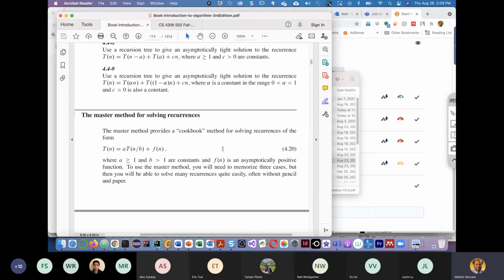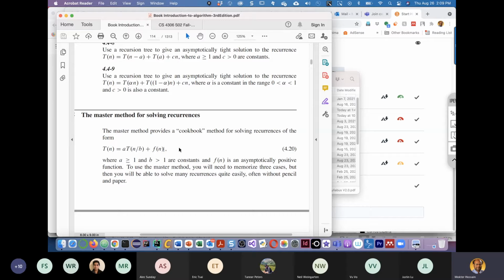Master theorem is a well-known mathematical theorem. It provides a cookbook method for solving recurrences in the form T(n), the running time of an algorithm with respect to n, where n is the input size, equal to a times T(n/b) plus f(n).